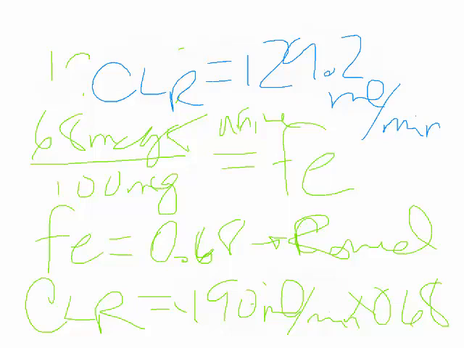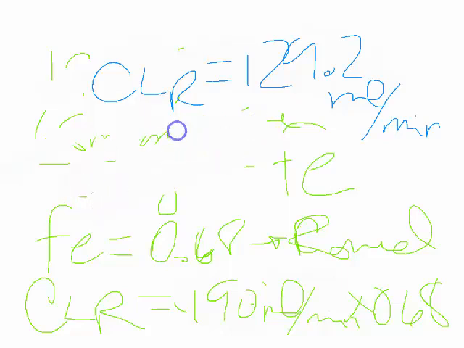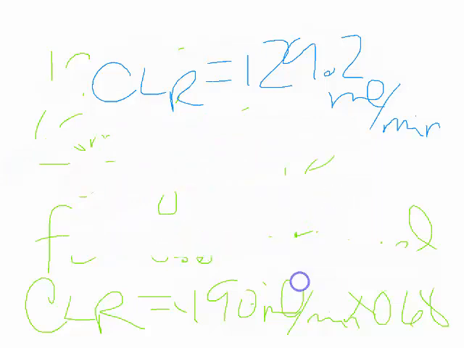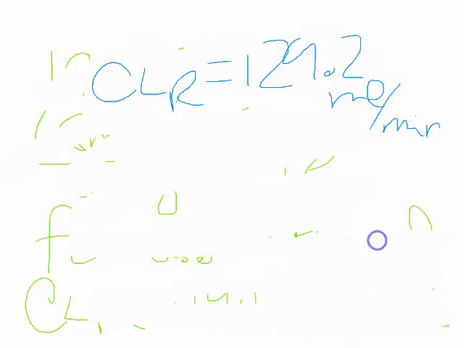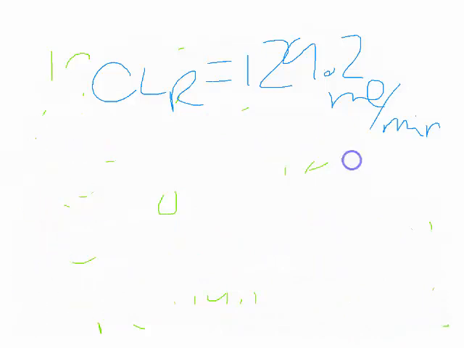So if that's the case, we can compare our renal clearance to our filtration clearance and be able to figure out if this is predominantly secreted or predominantly reabsorbed, can't we? So how do we determine our filtration clearance?